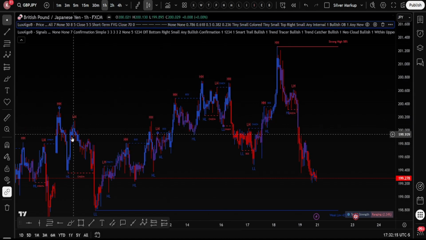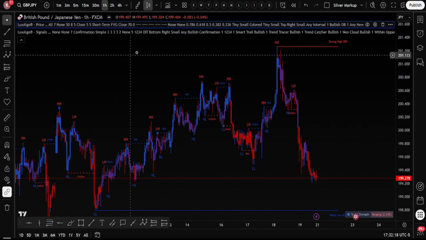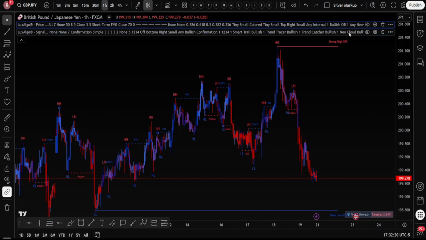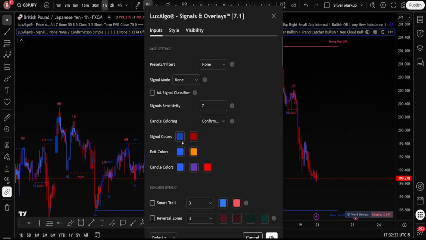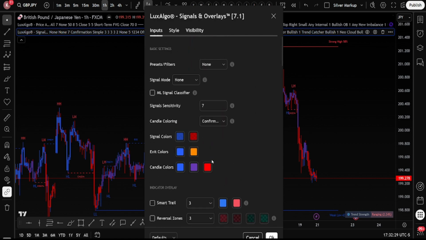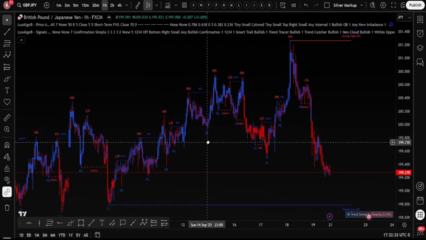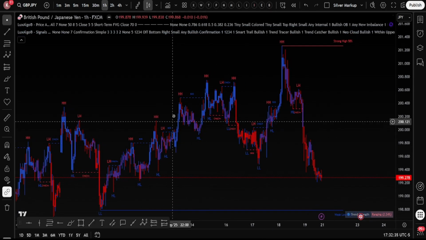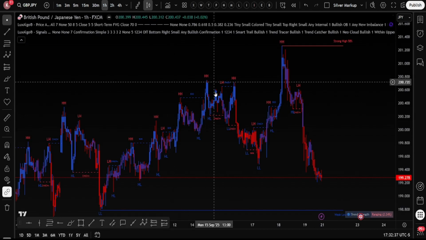The other aspect of how I set it up is with the LuxAlgo signals and overlay. Here I have my candle coloring, and right now I have everything for the most part turned off, so that I have a really clean look. What I'm looking for is just those higher lows and lower highs.